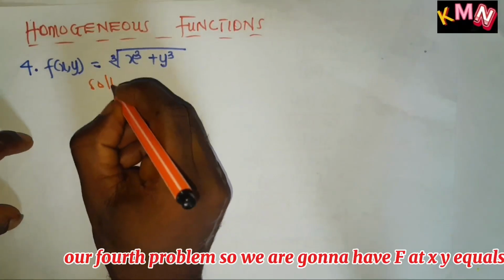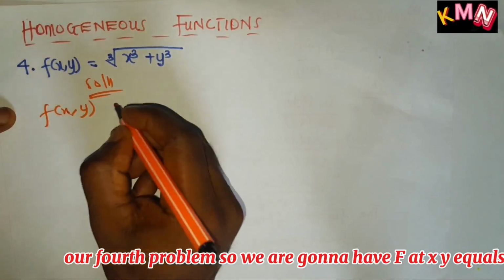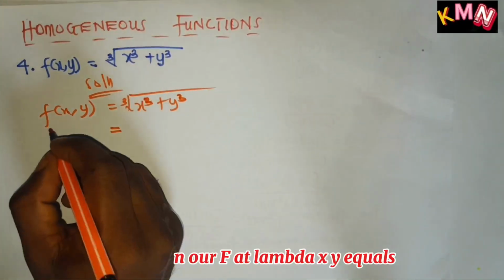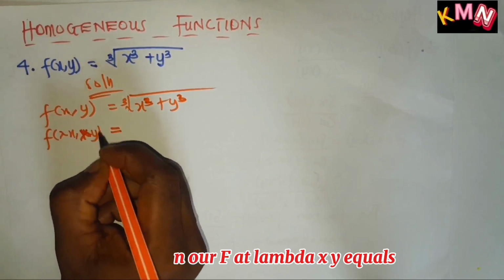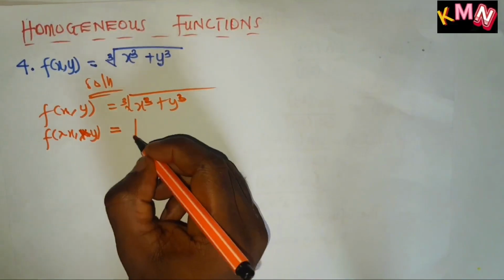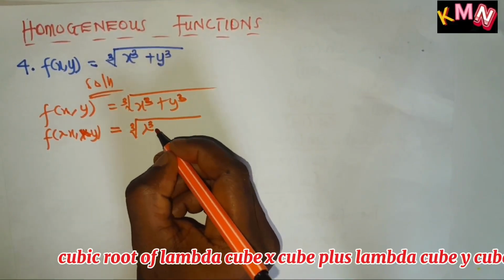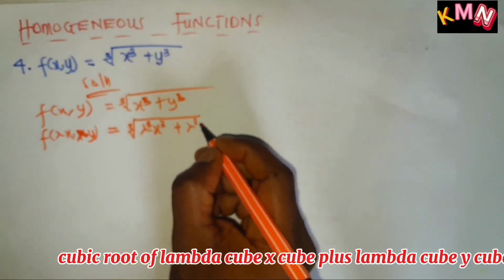Our fourth problem. So we are going to have f(x, y) equals the cube root of x³ + y³, and our f(λx, λy) equals the cube root of λ³x³ + λ³y³.